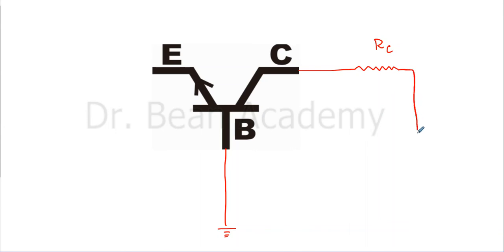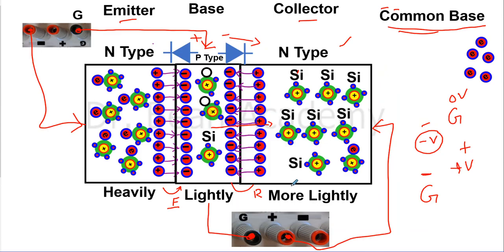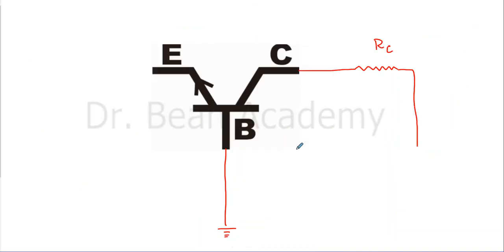And then it will go like this, and we need to know how to connect the terminal. So we have decided that this collector should be connected with a positive terminal, so I will put a positive terminal and then a ground, and it will be connected with the base.